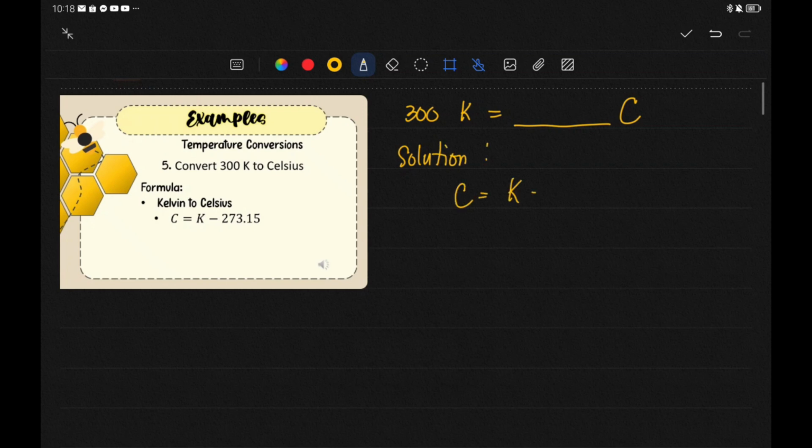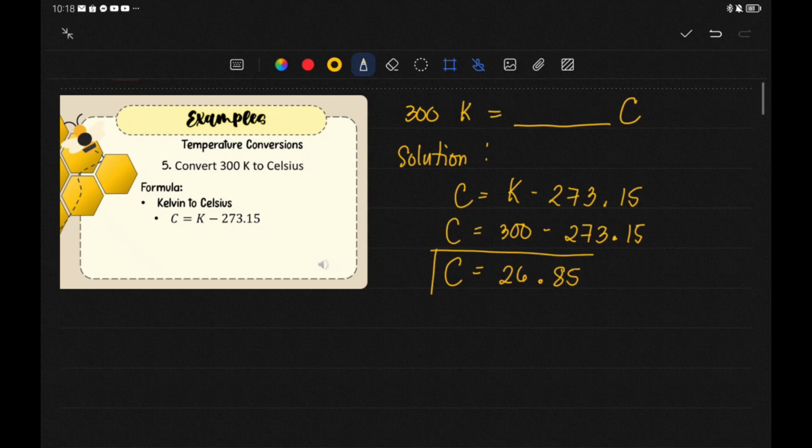C equals K minus 273.15. So, we have here 300 minus 273.15. The answer would be 26.85. So, our answer here is 26.85.